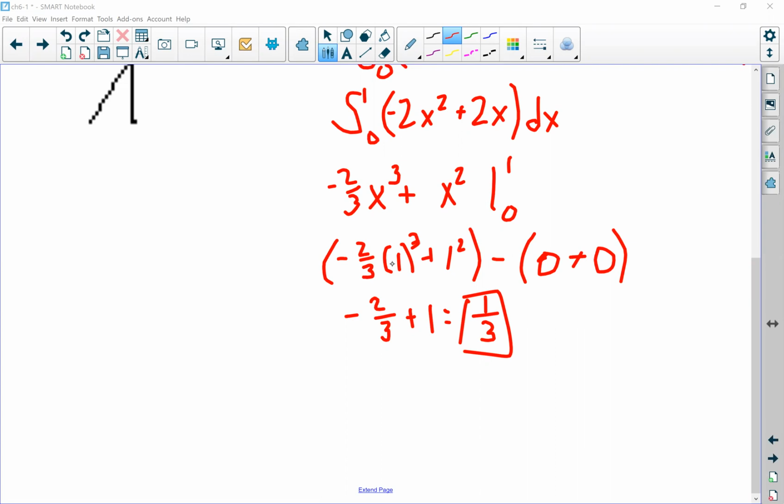So if you do a problem finding the area between two functions and get a negative answer, more than likely, you just had the functions in the wrong order. So you took the smaller minus the larger instead of the larger minus the smaller.